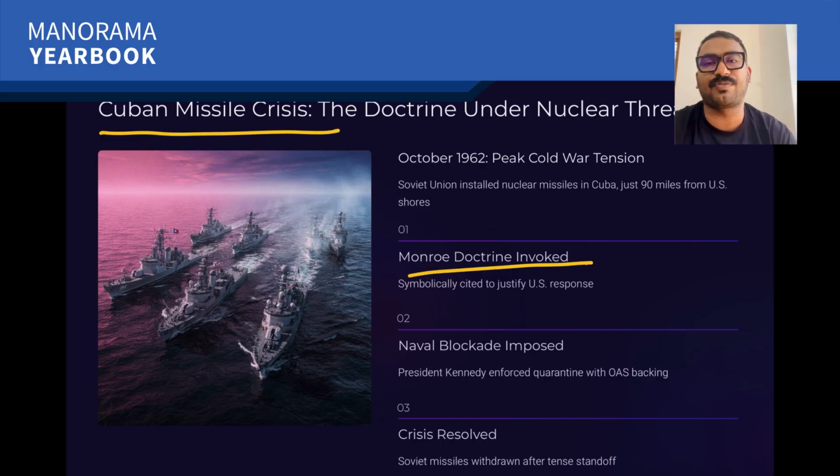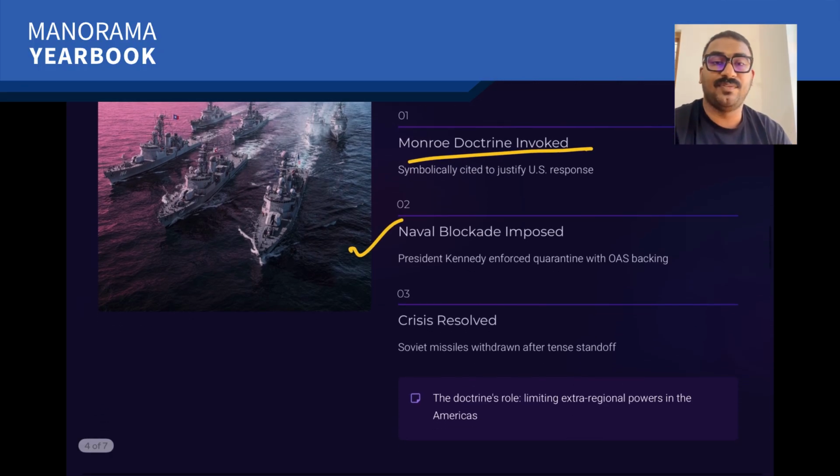President John F. Kennedy imposed a naval and air blockade around Cuba. After several tense days, the Soviet Union withdrew their missiles and the crisis ended, reinforcing the doctrine's role in limiting extra-regional powers in the Americas.